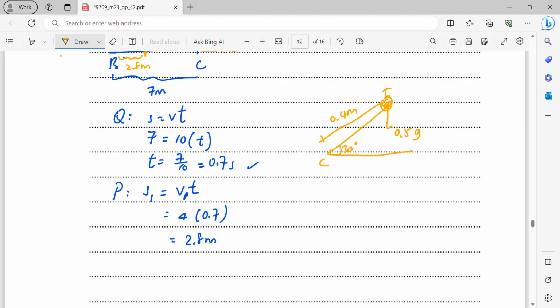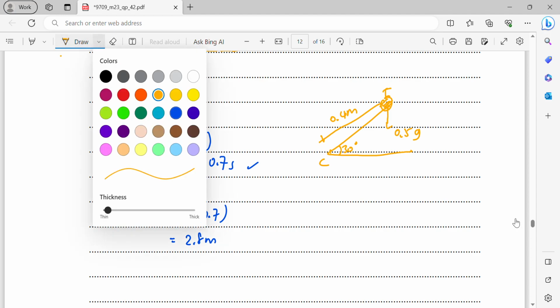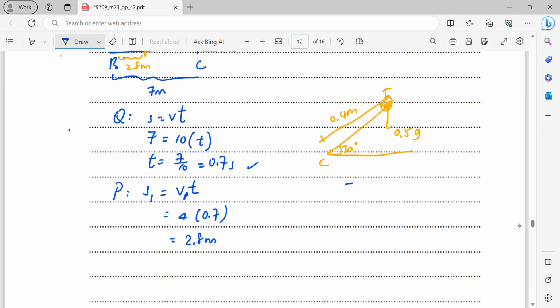Now from here, I need to get my A, the acceleration. F equals ma, right? Now, when I resolve the 0.5 g along the plane, it should be negative because my force goes down. Therefore, it will be negative 0.5 g.